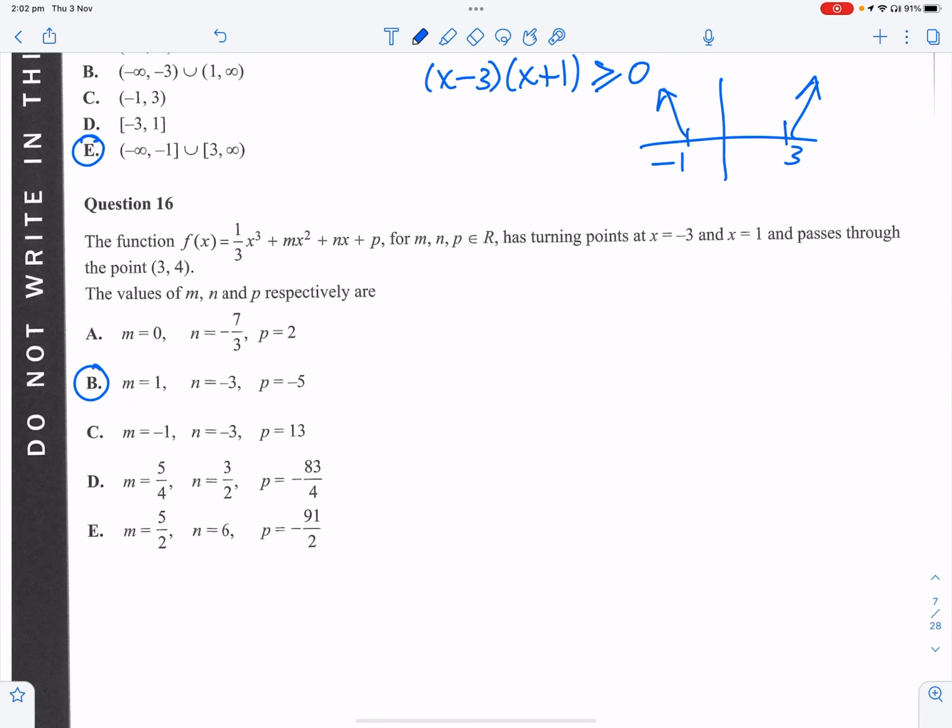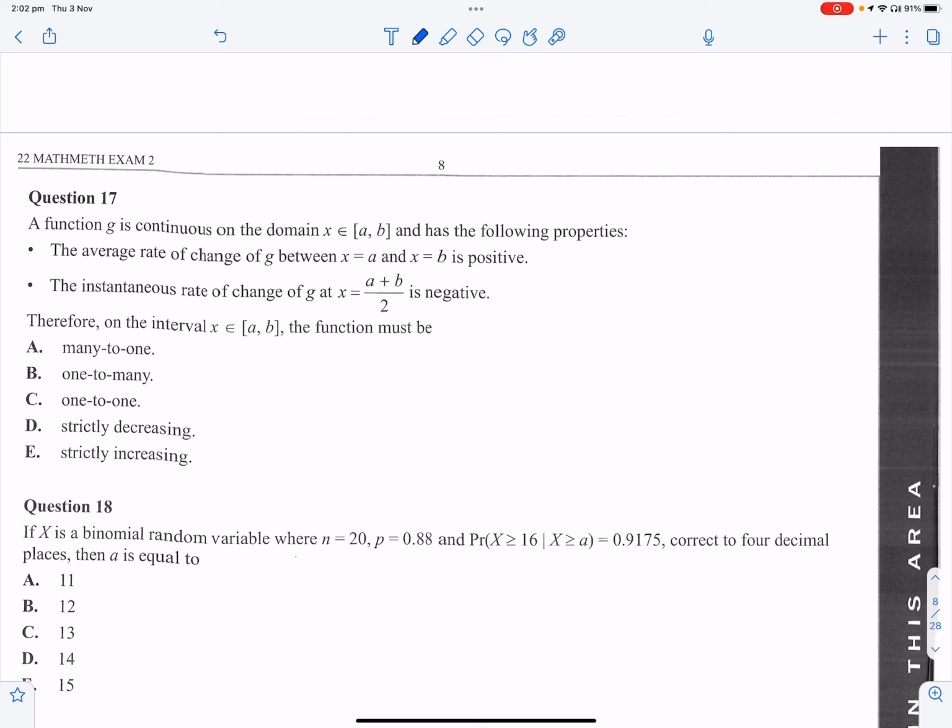Okay, function g is continuous on the domain from a to b and the average rate of change between a and b is positive. So just say there's a, there's b, in between there, it's got to be going upwards. The instantaneous rate of change of g at x equals the halfway mark between a and b is negative.